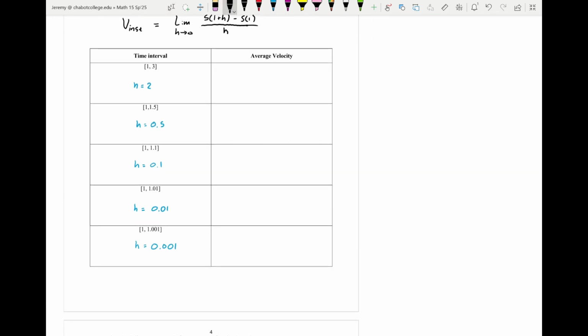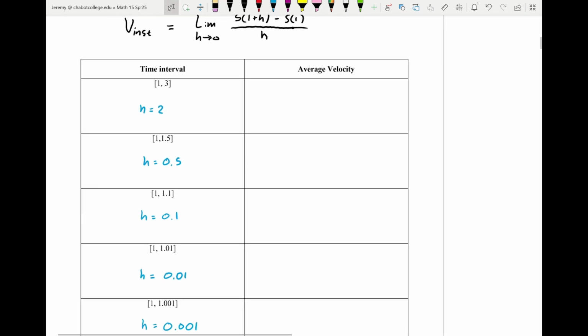So we already did the first two of these. We found that over the time interval 1 to 3, the average velocity was 2.56 meters per second. Over h equals 0.5, we got 5.33 meters per second.